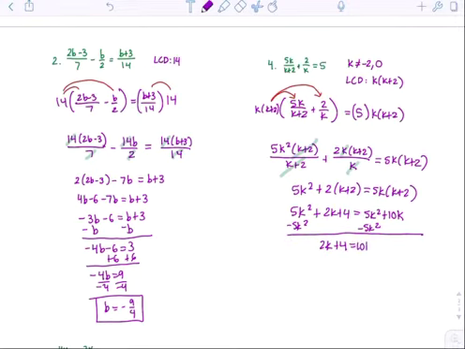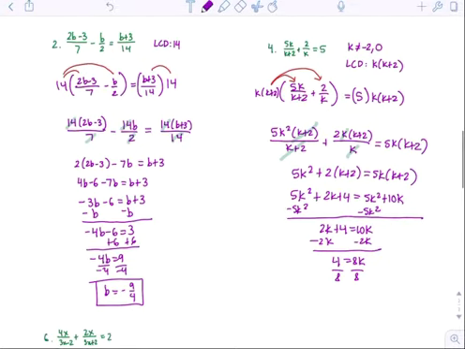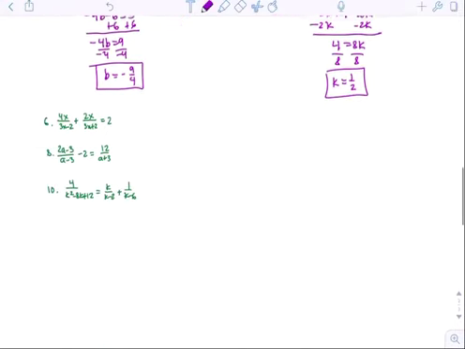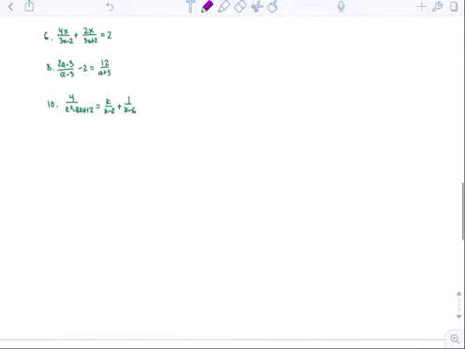I'm just going to subtract both sides by 2k. 4 is equal to 8k, divide both sides by 8. So I'm going to get that k is going to equal 1/2. That's number 4. Moving on to number 6.